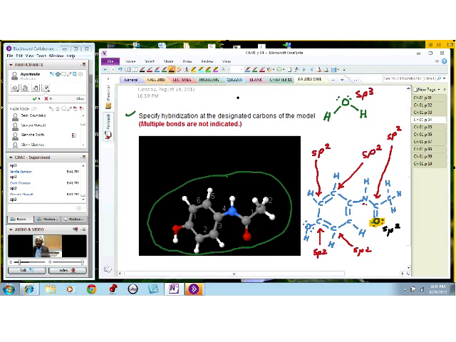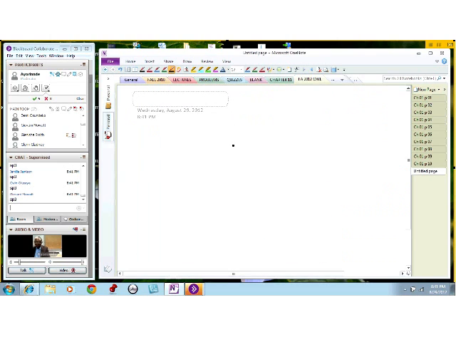Now, on the same token, supposing I ask you, what is the hybridization of this nitrogen, based on the discussion we just had relative to oxygen?